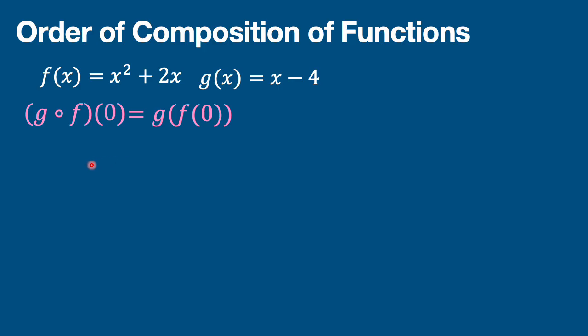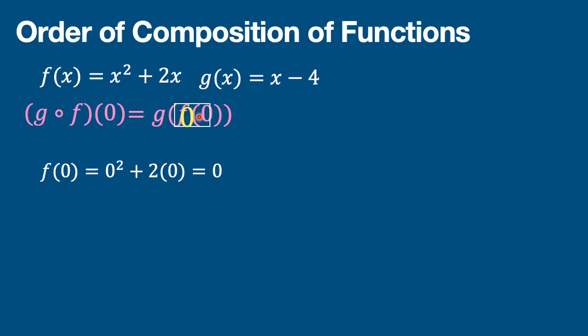So how are we going to evaluate f of 0? Here is the function f of x, x squared plus 2x. X is replaced by 0. 0 squared plus 2 times 0 is 0, which means f of 0 is 0. So f of 0 value is going to be 0.